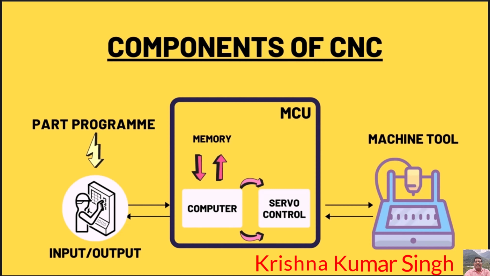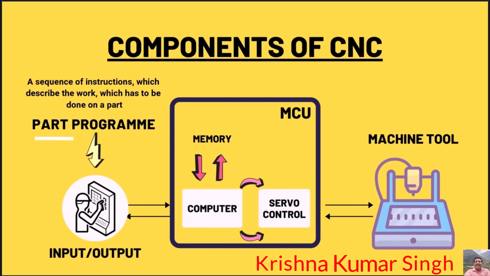The main components of CNC are part program, input device for part program, machine control unit or MCU, drive system, machine tool, feedback system, and display unit, in which the part program is a sequence of instructions which describe the work which has to be done on a part in the form required by a computer under the control of Computer Numerical Control software or CNC software.